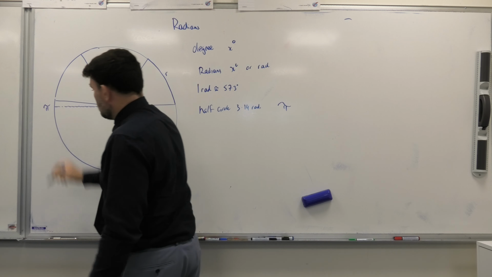So 2 pi, 180, let's put 90 here, let's put 270, pi on 3, pi on 4, pi on 6. Alright, so let's fill in all this information.